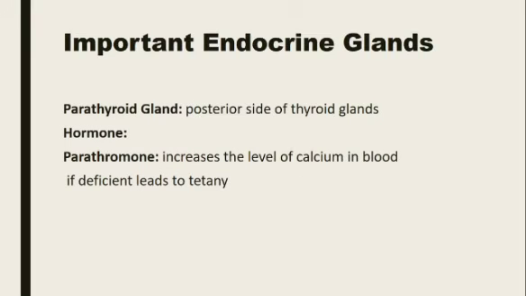Next important gland is parathyroid, that is on the posterior side of the thyroid gland. It has four lobes. Its hormone is parathormone. It increases the level of calcium in the blood.